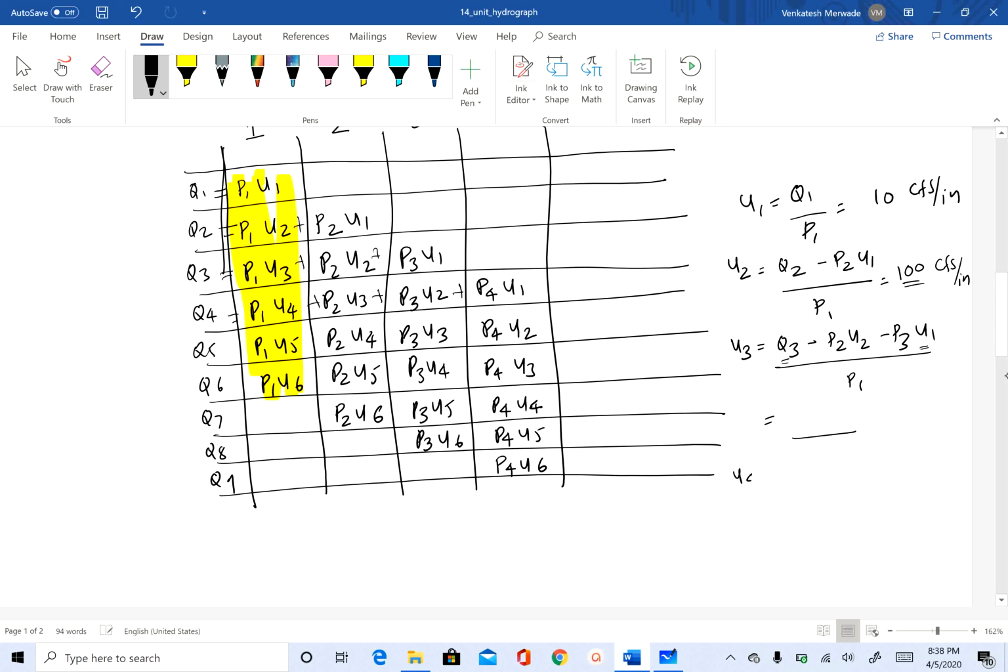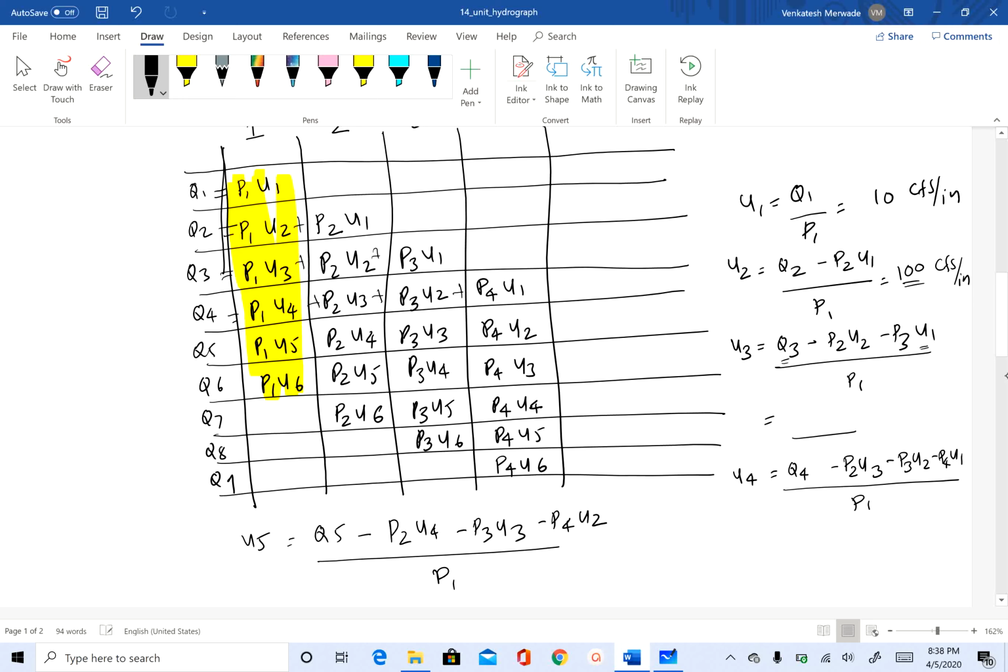Similarly, U4 will be Q4 minus P2U3 minus P3U2 minus P4U1 divided by P1 again. Similarly, U5 will be Q5 minus P2U4 minus P3U3 minus P4U2 divided by P1.